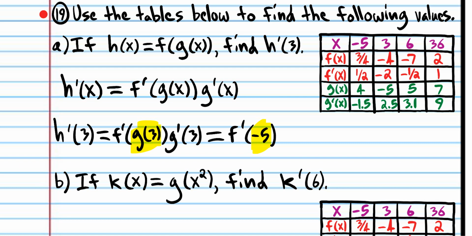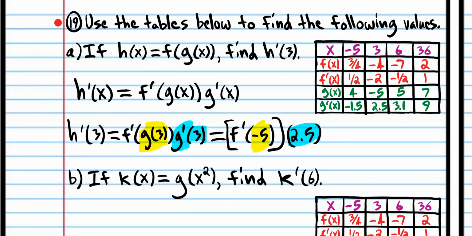We can now find g prime of 3. If x is 3, what is g prime? That's 2.5. So if the input is 3, the output of g prime is 2.5. So we found g prime of 3 is 2.5.